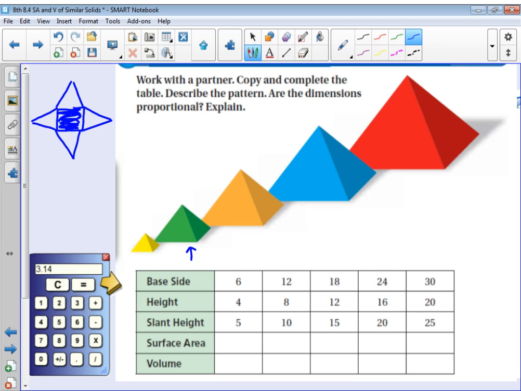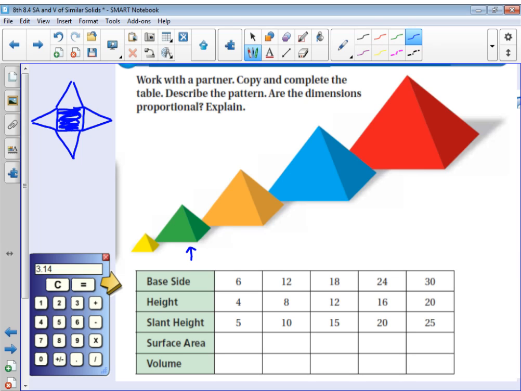The height is going to be used when we do volume. And our slant height is really the distance along the tip of this wall, as if it's a slide. If I was going to slide down this pyramid, it's the distance I would go from the tip to the bottom. This one we're going to use for surface area. So now you understand the difference between those.